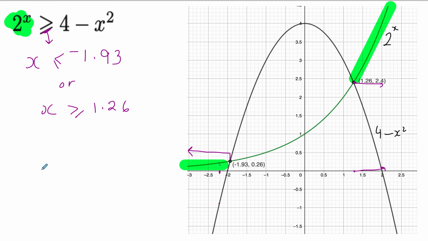So just be aware of equal to or not equal to. If it says strictly bigger than, then you have to stick with strictly bigger than, and the same with less than. You have to stick with whether it says equal to or not.